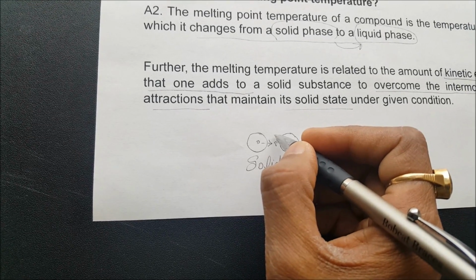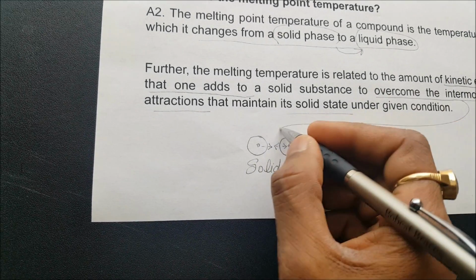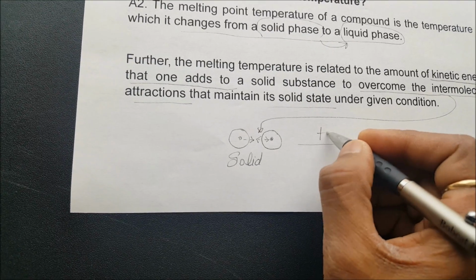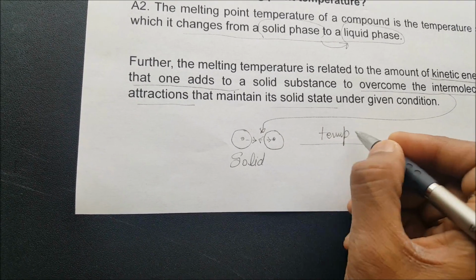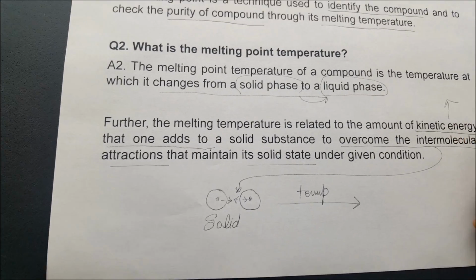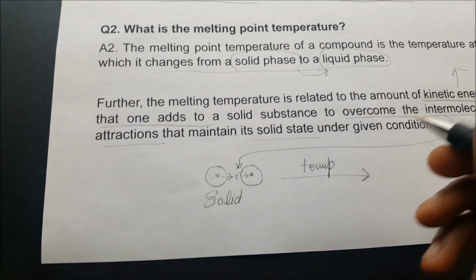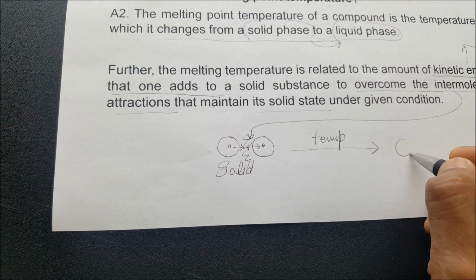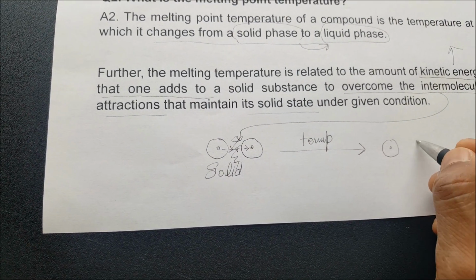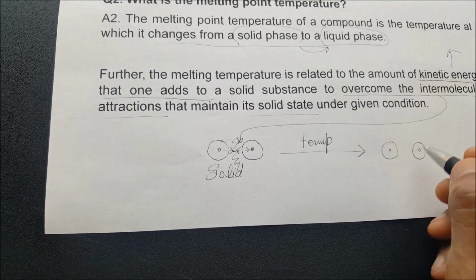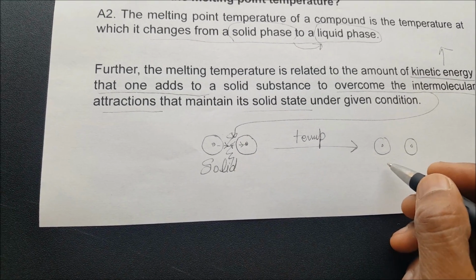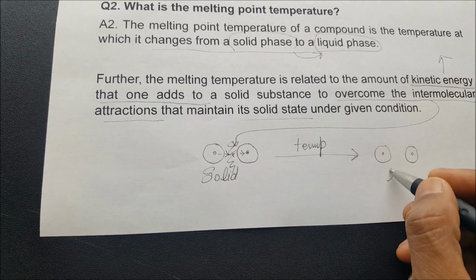This is the intermolecular force, or intermolecular attraction. When we give temperature, their kinetic energy increases. Once the kinetic energy increases, their intermolecular force breaks down, and these two molecules go without intermolecular forces, and then they become liquid.